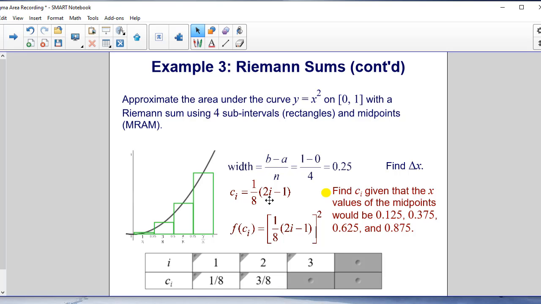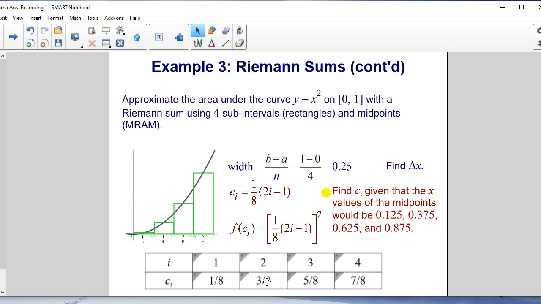When i is equal to 3, 2 times 3 is 6, minus 1 is 5. Multiply that by 1/8 gives us our third midpoint, 5/8. And then finally, when i is equal to 4, 2 times 4 is 8, minus 1 is 7. You multiply that by 1/8, it gives us the midpoint of our fourth interval, 7/8.